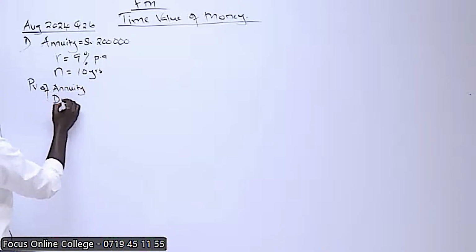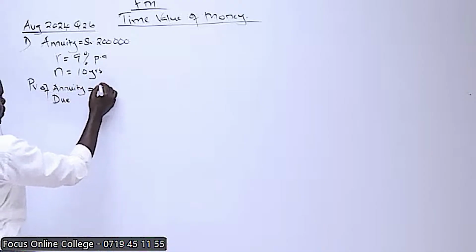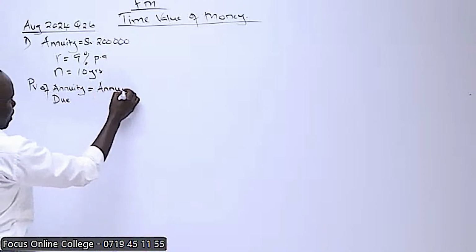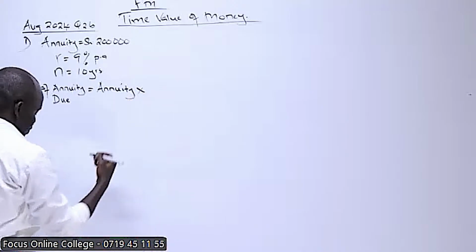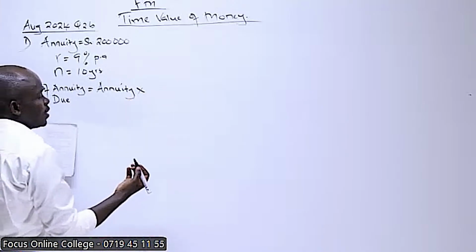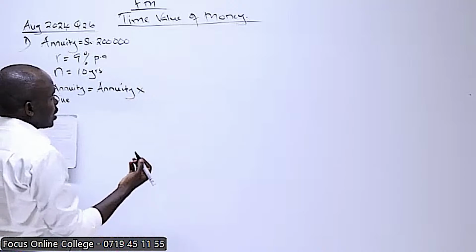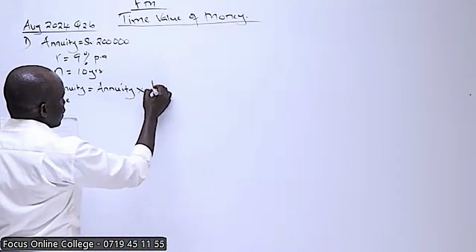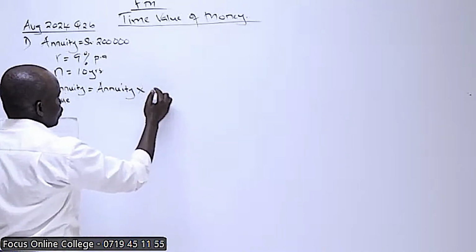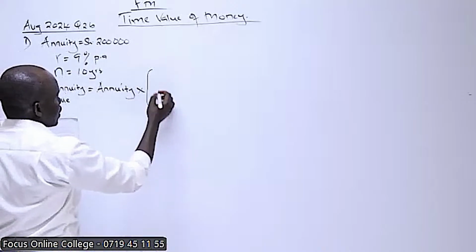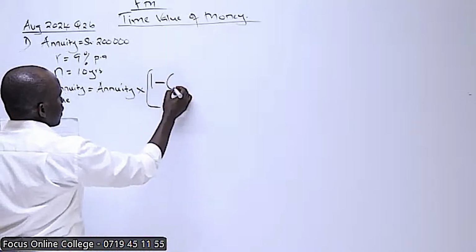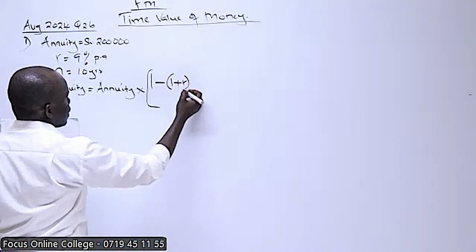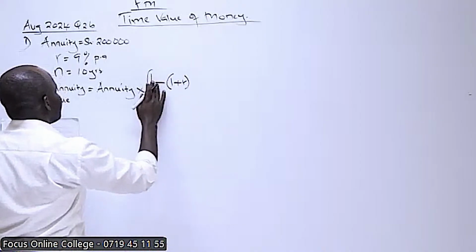we said is equal to the annuity times. So here we can choose to use the tables or we can use the formula, whichever you want. So let's use the formula for this one. 1 minus 1 plus R. Now we want the future value.